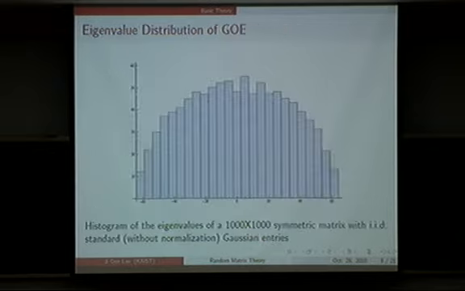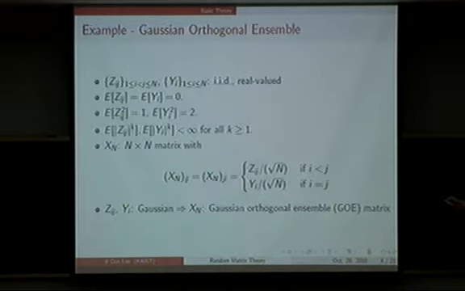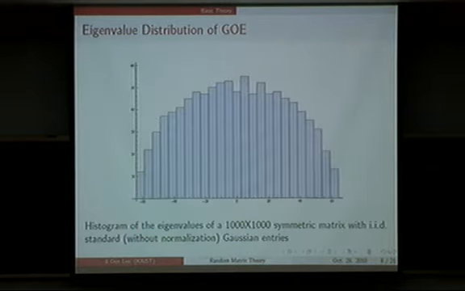Okay, so the most amazing thing about this random matrix is this kind of graph. If you use MATLAB, you can do the simulation very easily. If you make a 1,000 by 1,000 symmetric matrix where each entry satisfies this kind of condition, all of them distributed according to the Gaussian distribution with variance 1 and mean 0, and you plot all the eigenvalues, this is a histogram of the eigenvalues.